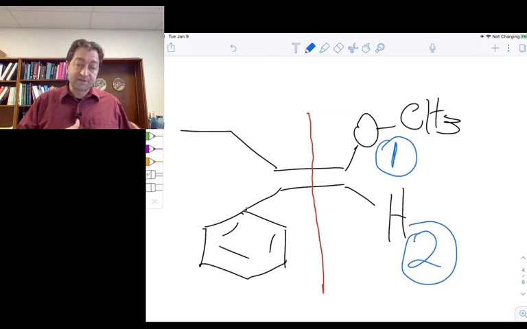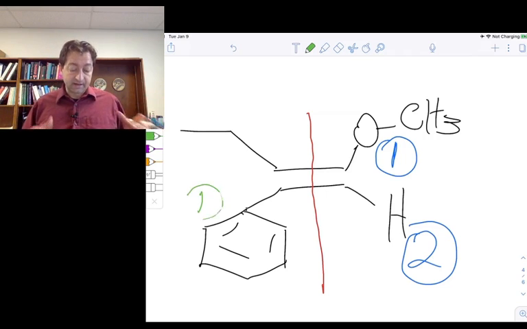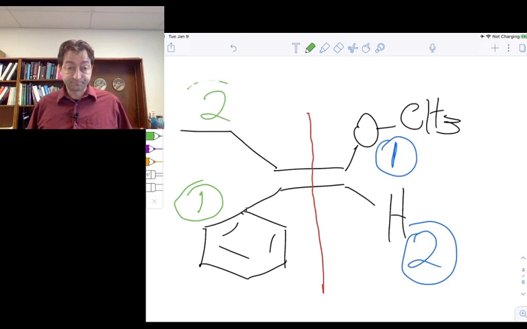Then on the other side of that dividing line that we've drawn down the center of our double bond, we do the same exercise. That aromatic benzene ring would be priority substituent 1. That's the highest priority substituent. It's got a carbon atom attached directly to the double bond, and that carbon atom's got other carbon atoms attached to it directly, whereas that ethyl group would be priority substituent 2 in this particular example.